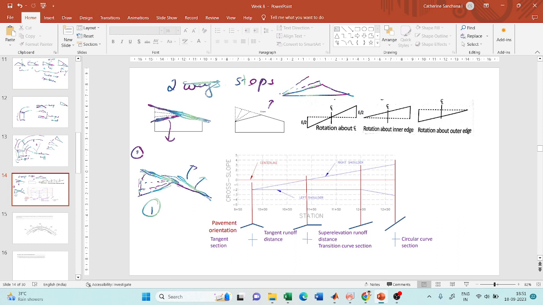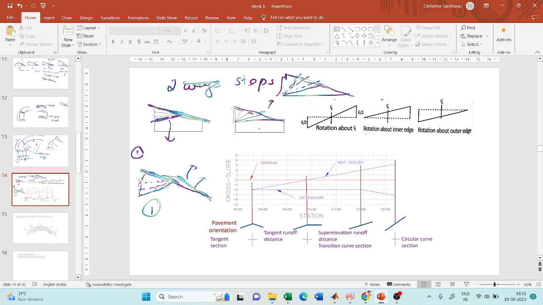I simply have to add materials so that this has been achieved, right? So I can do it in two ways. I can either increase this edge of the roadway, or this topmost point is called as crown, so either I can increase this portion and make it a triangle like this.